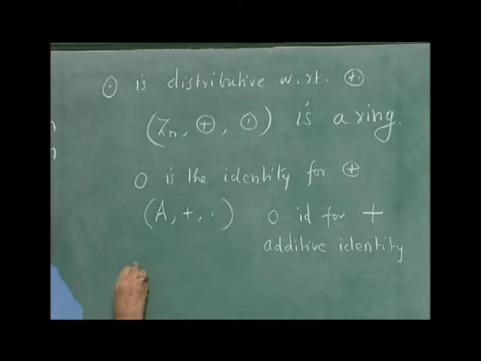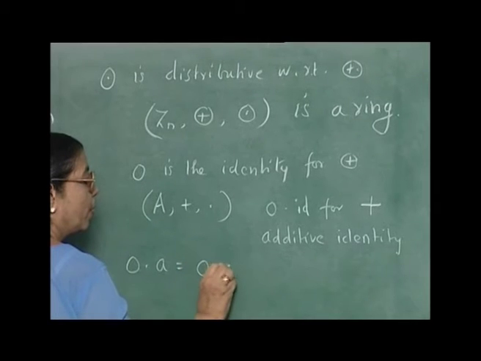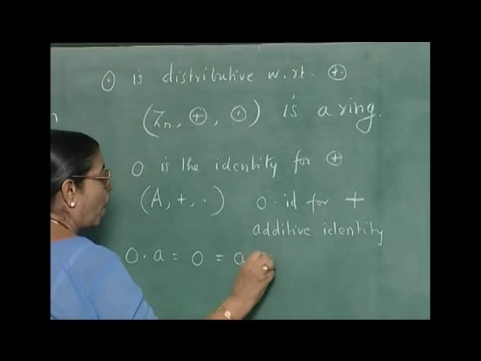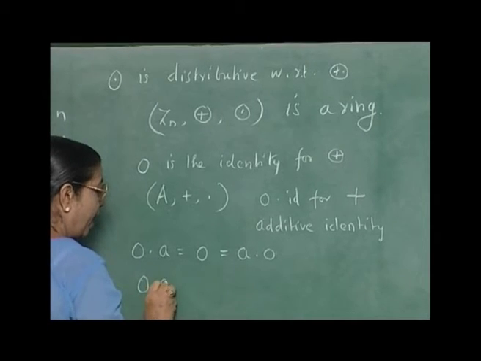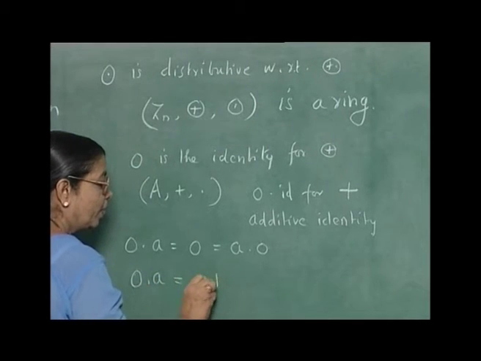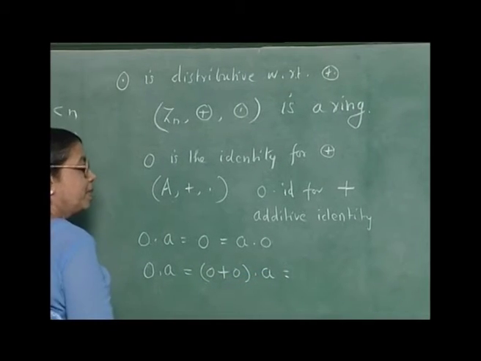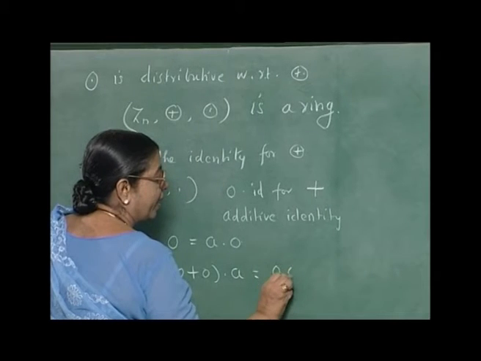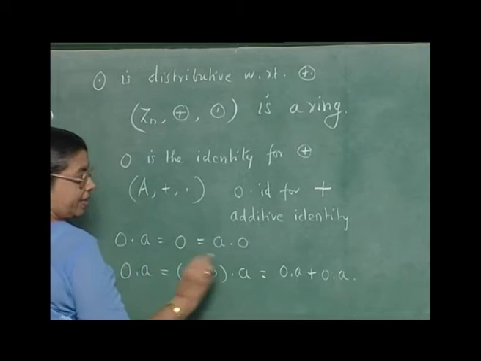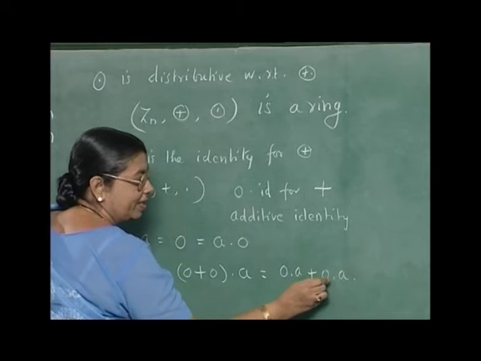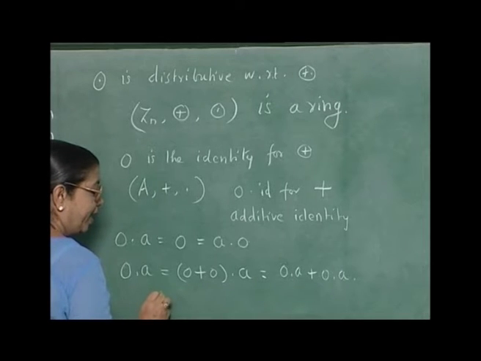Then you can see that 0 dot A is equal to 0, equal to A dot 0. How do you get this? 0 dot A, you can write as (0 plus 0) dot A, and because of distributivity this you can write as 0 dot A plus 0 dot A. So, 0 dot A is 0 dot A plus 0 dot A, that is 0 dot A becomes the additive identity, but you know that the additive identity is 0.